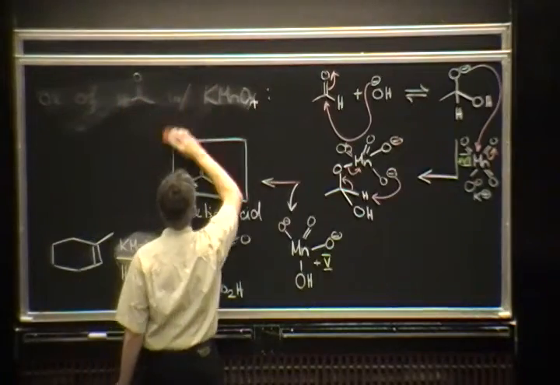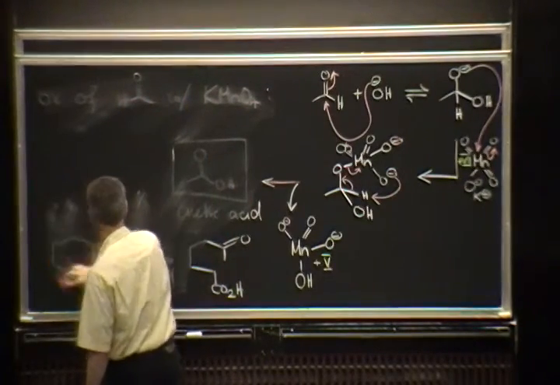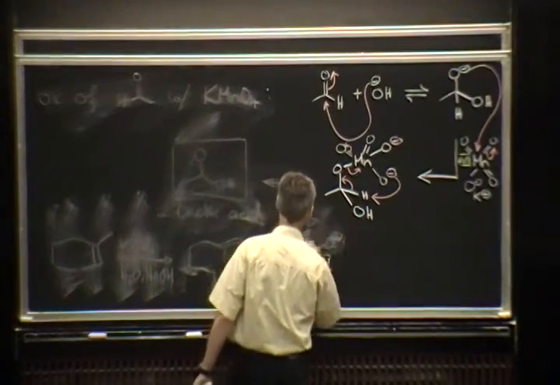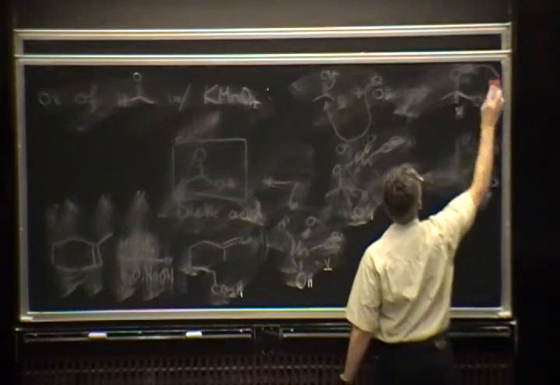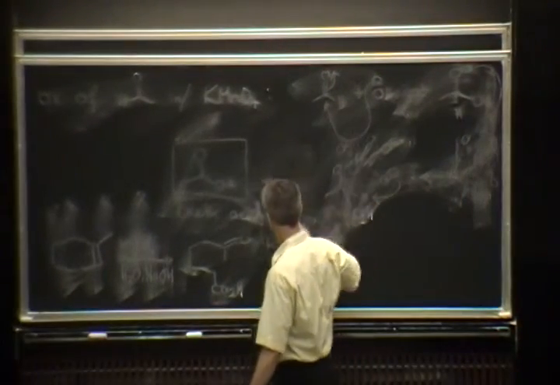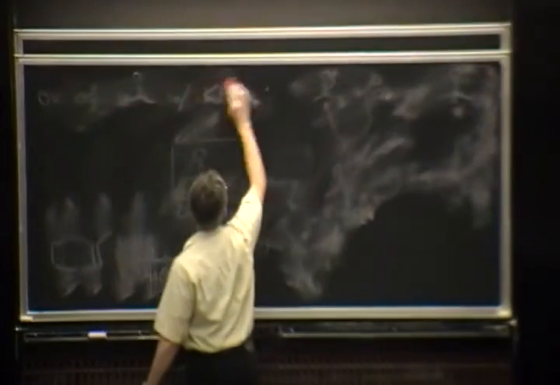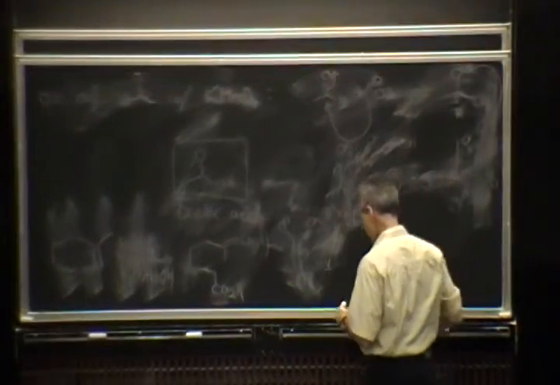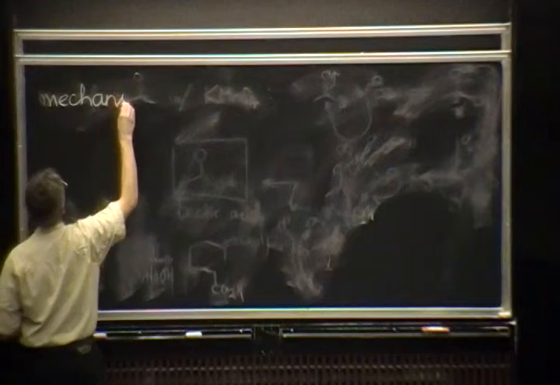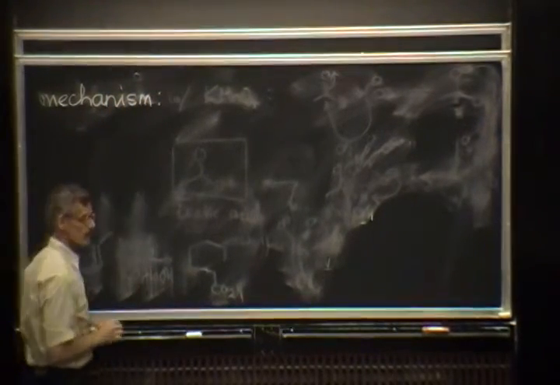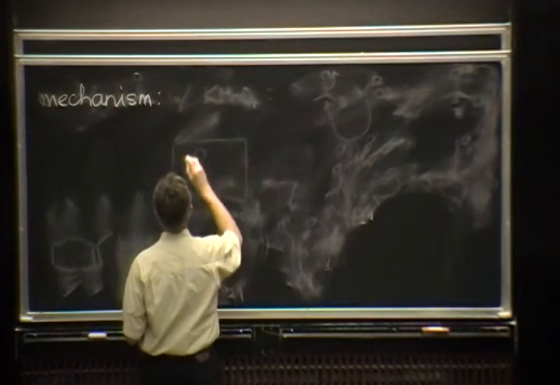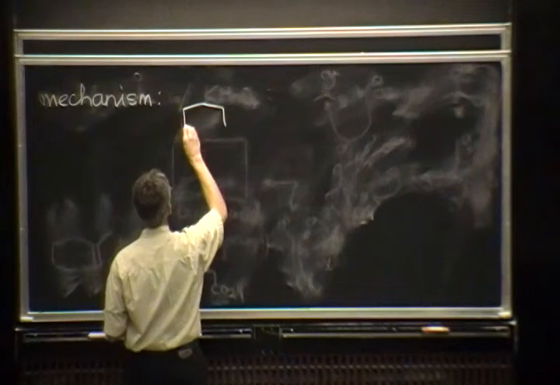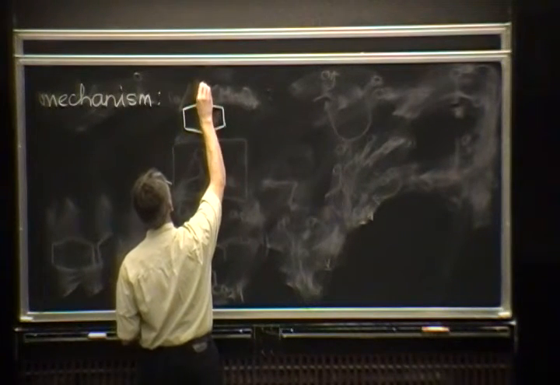And of course, we'll look at the mechanism. So the mechanism of hydroboration. The first thing we have is an addition reaction, just as we always had in these systems. Again, the pi system looks mighty attractive because of the electron distribution.